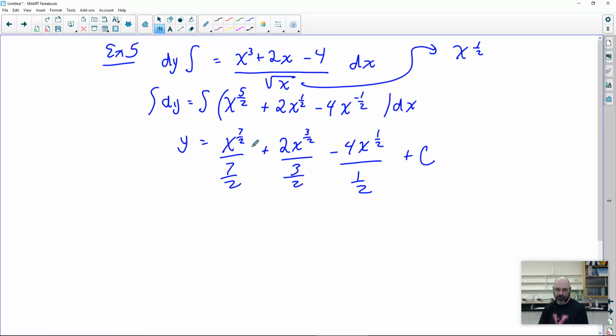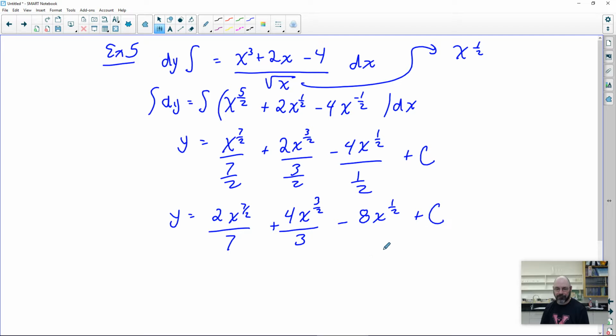Okay, we can do some reducing on each of these. So y would then equal 2x to the 7/2 over 7. This one will be flipped over, so it'll be plus 4x to the 3/2 over 3. And this will be flipped over again, minus 8x to the 1/2 plus c.